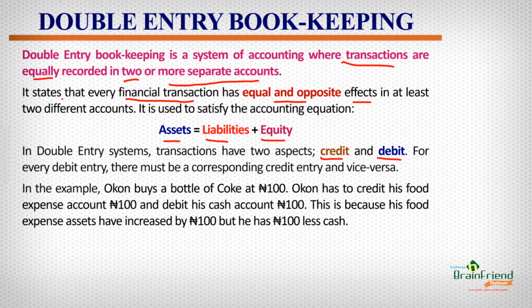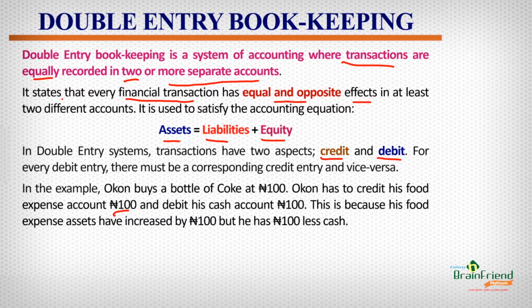Now, in our example, we stated that someone walked into a mart, right? Now, let's pick a name. Okon buys a bottle of Coke, for instance, for 100 naira. Now, Okon has to credit his food expenses account with 100 naira and debit his cash account with the same 100 naira. Now, Okon is buying something, right?